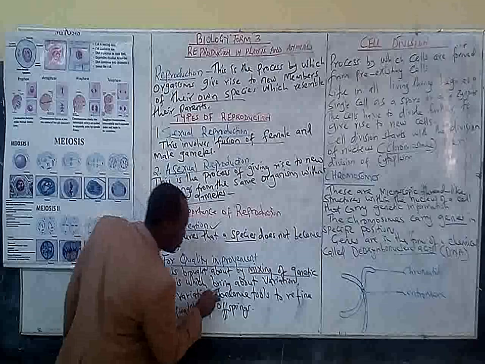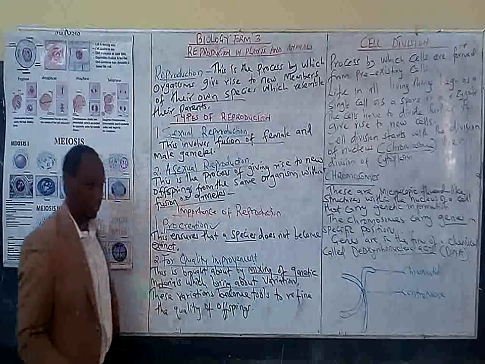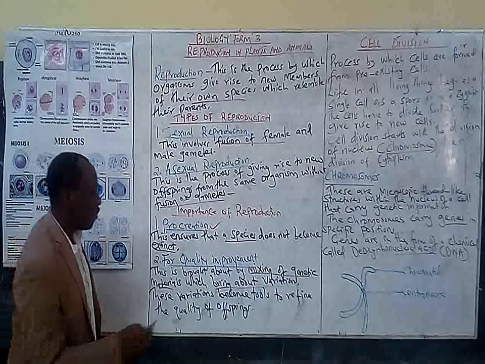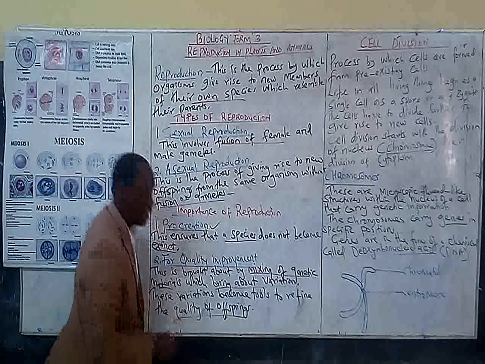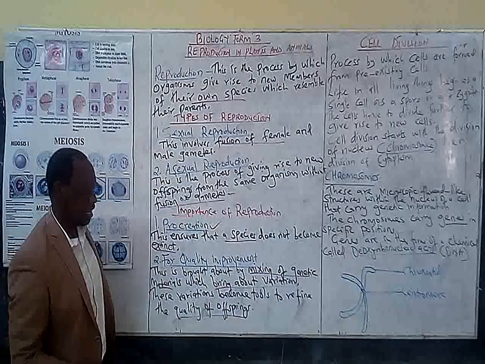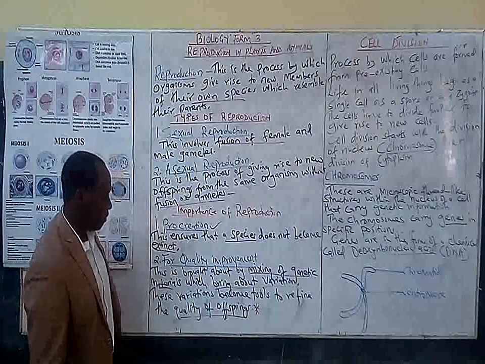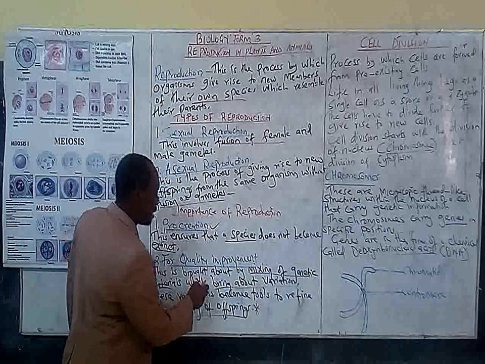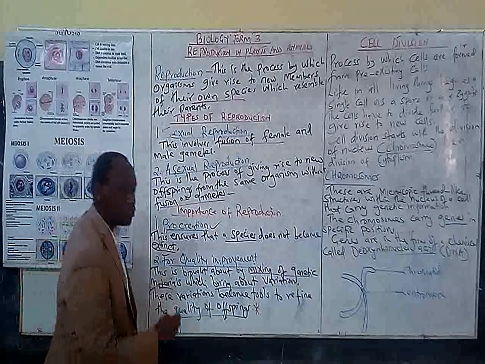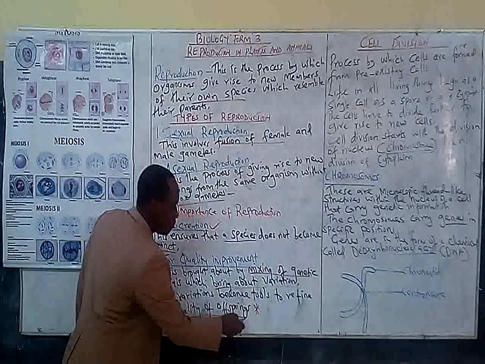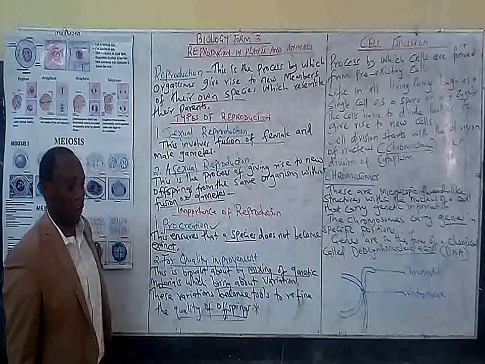So this is what brings about what? Variation. And these variations become important tools for the quality improvement of offspring. This is better dealt with in genetics in Form 4. But you need to understand that the variations brought about by the crossing of this genetic material bring about the improvement of the quality of the offspring.